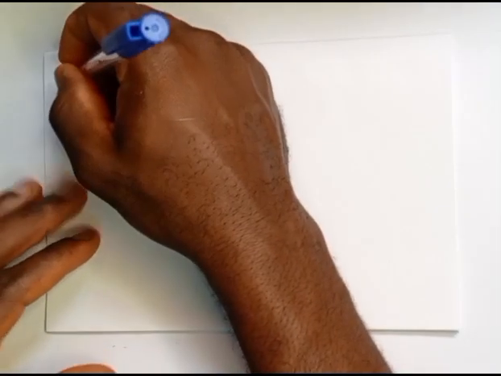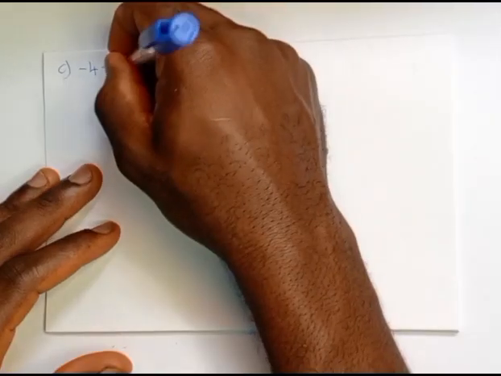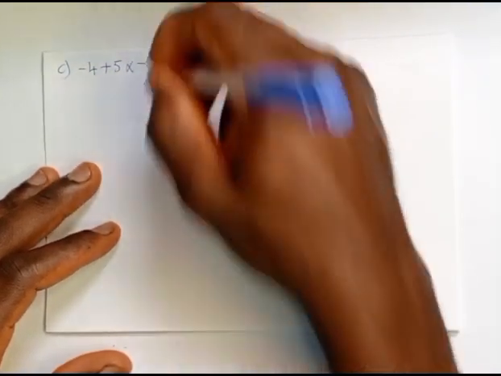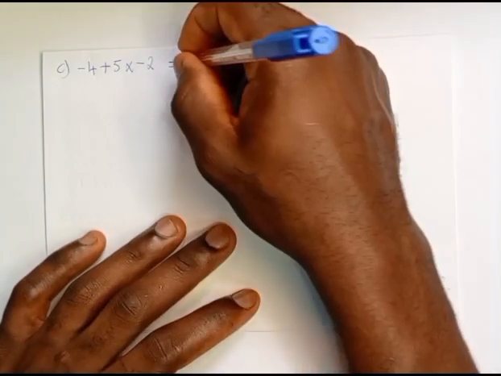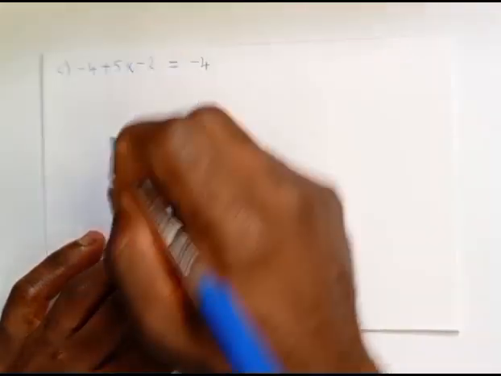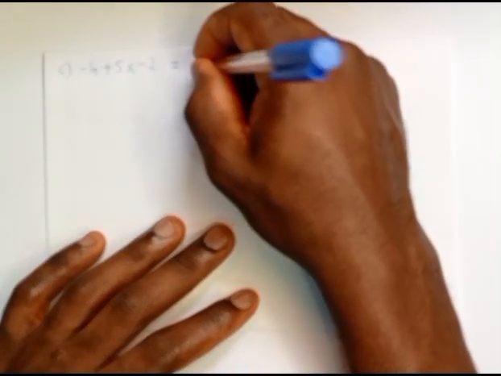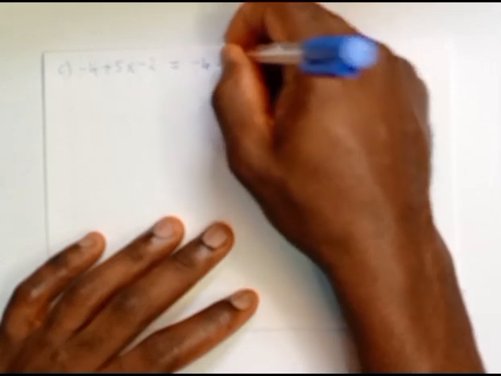We go now to example C. For C, we have negative 4 plus 5 times negative 2. This will simply be equal to, we have to perform the multiplication first before addition. Negative 4, we have to multiply a positive number by a negative number. The resulting sign will be negative. Put the negative sign out.